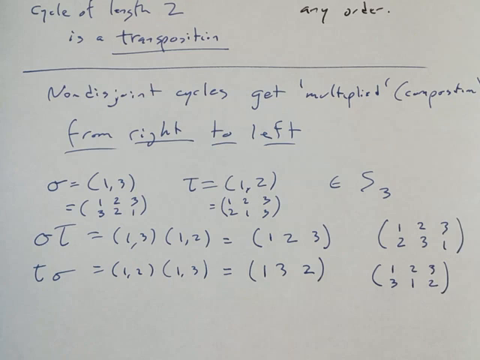Those are different permutations, aren't they? This is a non-abelian group. The order in which I do the multiplication, the arithmetic, the composition matters a lot.